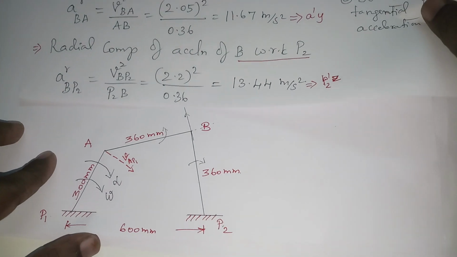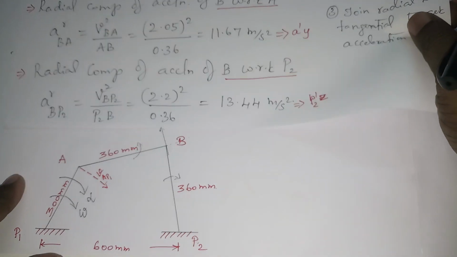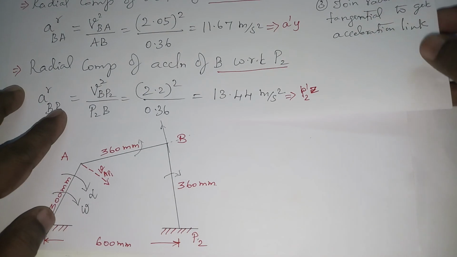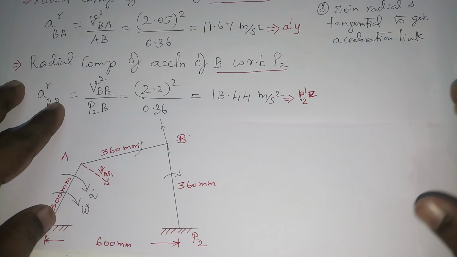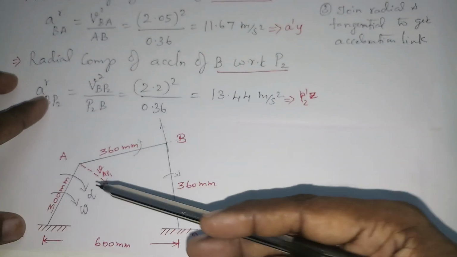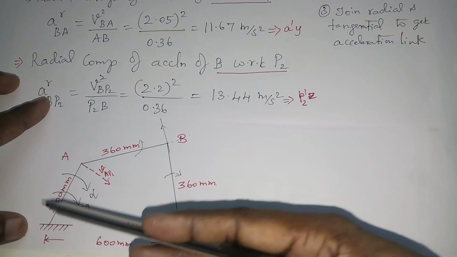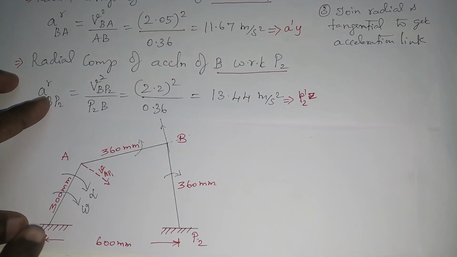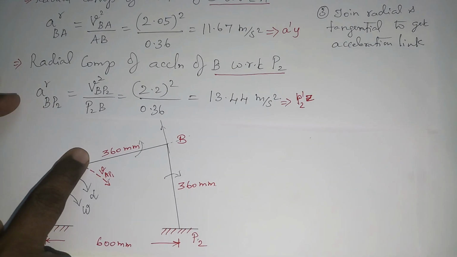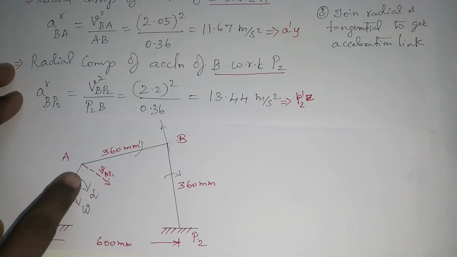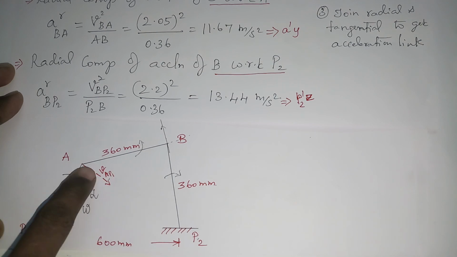Okay, I will keep the values here so that it will be easy to draw the acceleration diagram. So I told you consider the first link. For the first link you will have two components. One is radial component, it will be acting parallel to this one, and tangential component will be perpendicular.